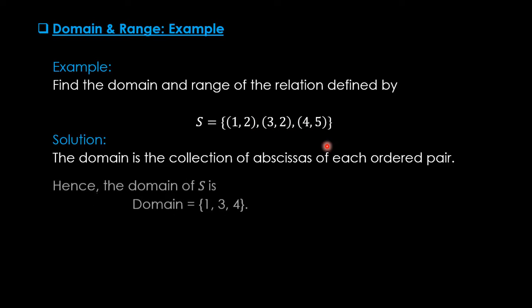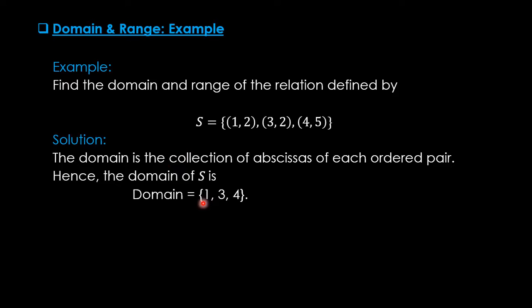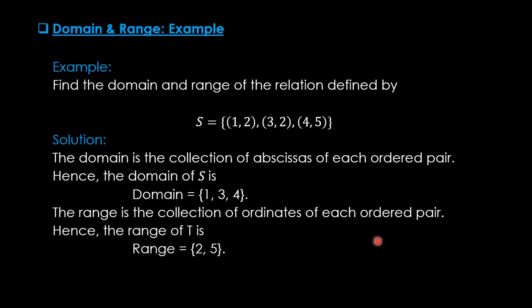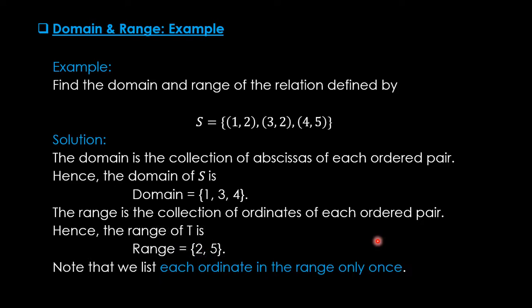Remember, all these are written in the form of a set. So the set {1, 3, 4}, the set of all the x values, is the domain, and the set {2, 5}, the set of all y values, is the range. Note that we list each ordinate in the range only once. That's why instead of writing 2, 2, 5, we write 2 and 5 only.